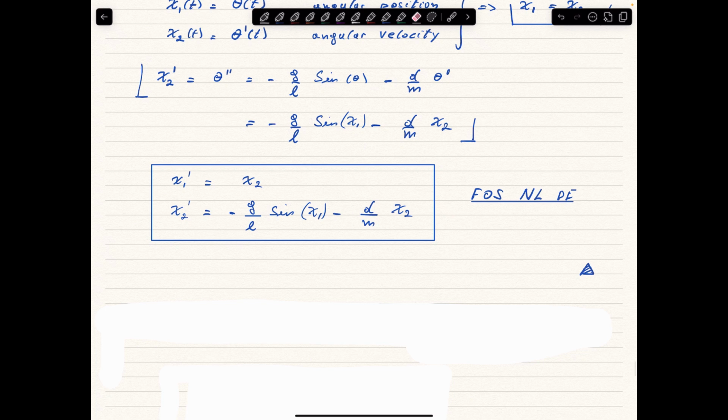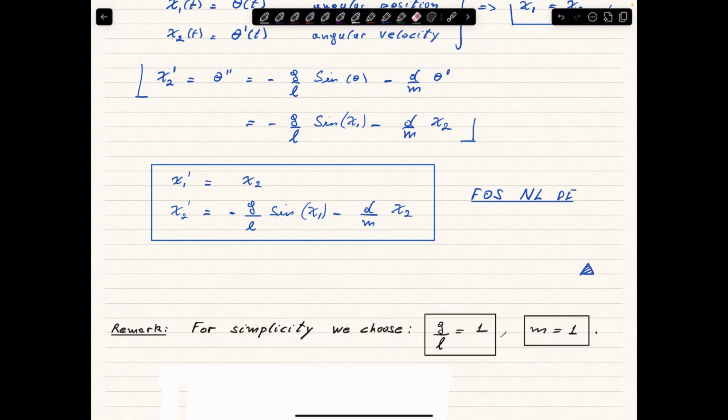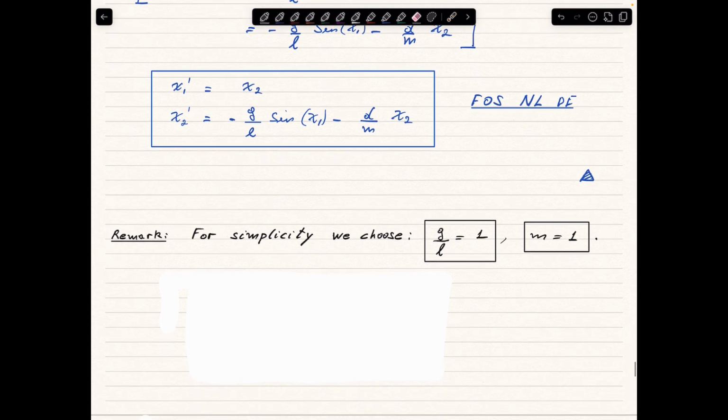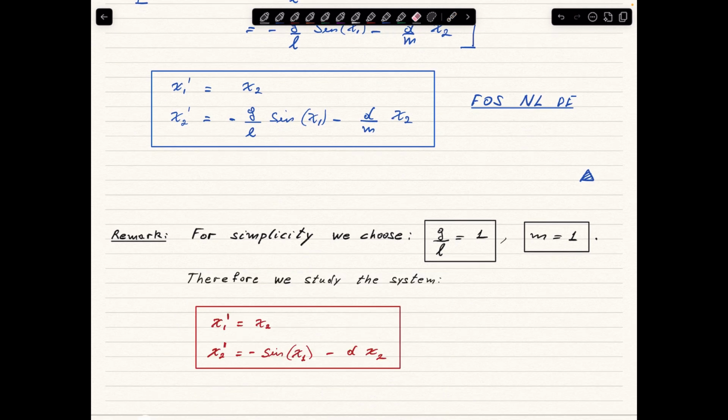For simplicity, we are going to take a particular case where g over L is 1, so we don't have to write this constant all the time, and the mass is 1, but we are going to keep the friction coefficient d arbitrary because the movement is very different for different values of this friction constant. So the system we are going to study is this, with the 1 here to write a simple equation, and with the coefficient d.